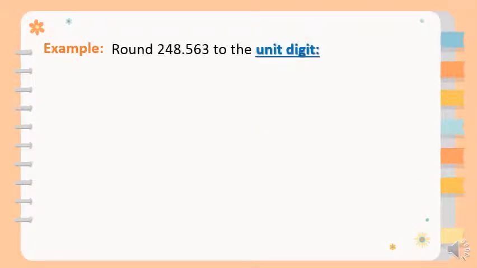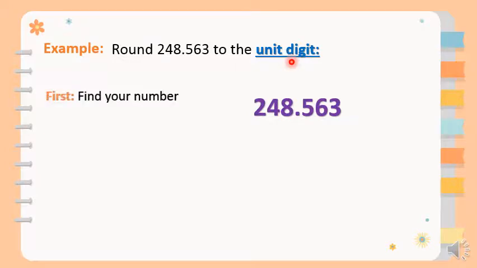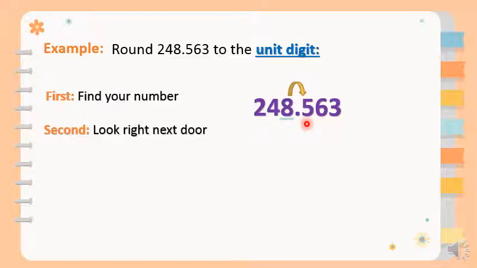Example, round this number to the unit digit. So let's follow the steps. First step, we underline the unit digit. This is the unit digit. 2. We draw an arrow to the next digit. This is the next digit.